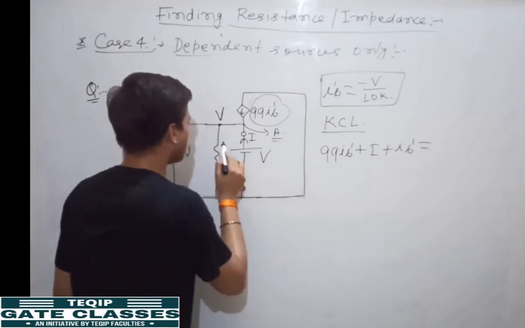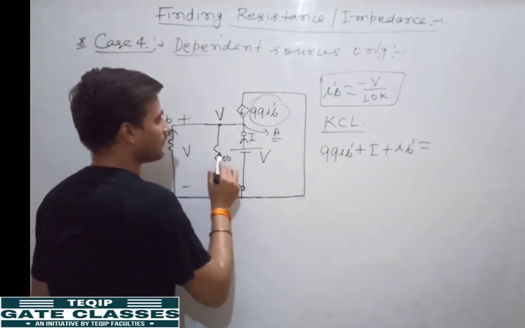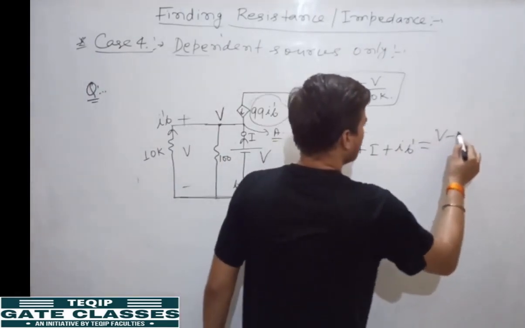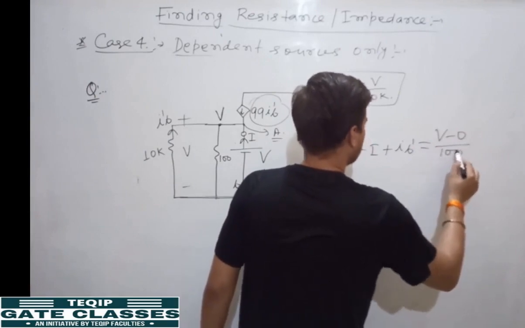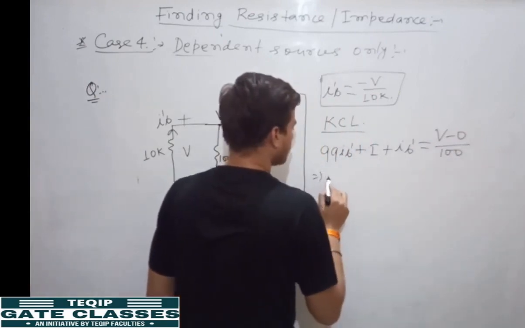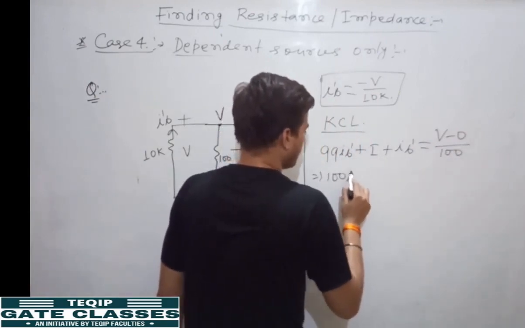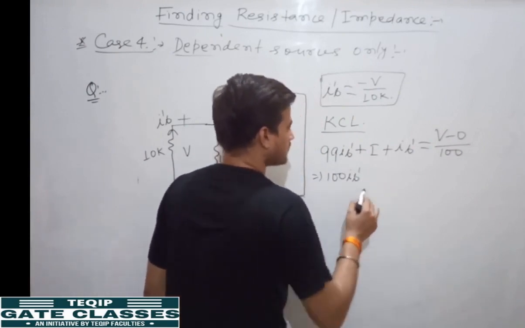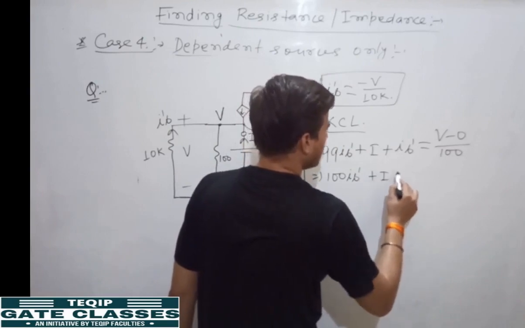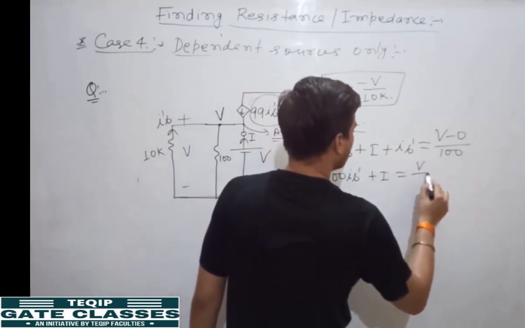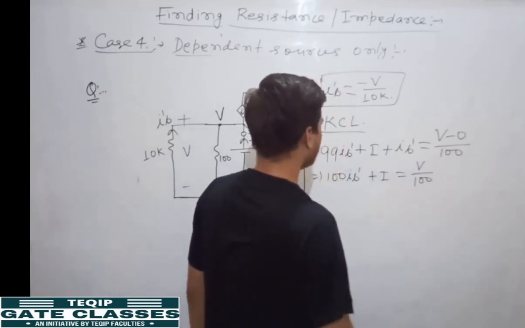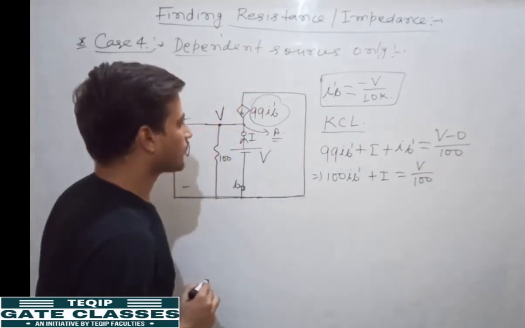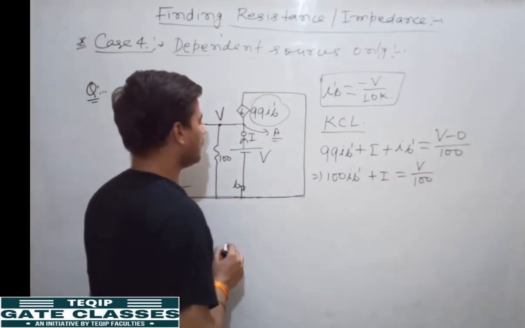The outgoing current is V minus 0 divided by 100. So 100 IB dash plus I is equal to V by 100.